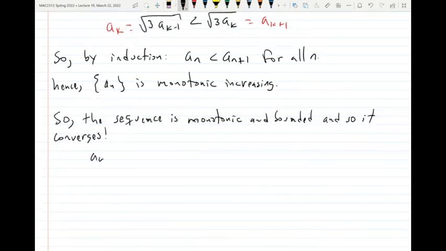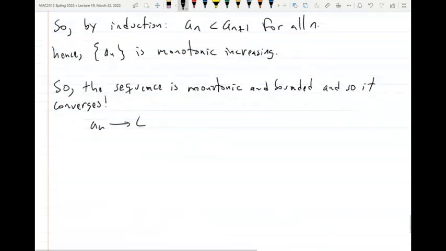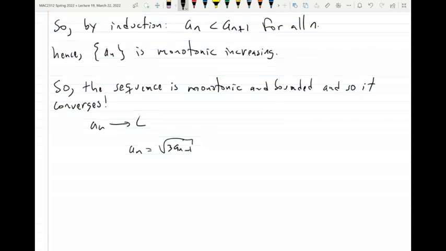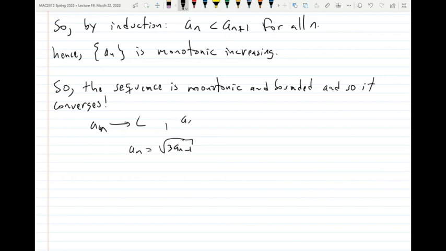So that means that your sequence has to converge to some limit L. So how do you find this limit? Well, you know that an is the square root of 3 times an minus 1. And the key observation is that if the sequence an converges to L, then the sequence an minus 1 is also converging to L, because it's the same sequence, just one step behind.